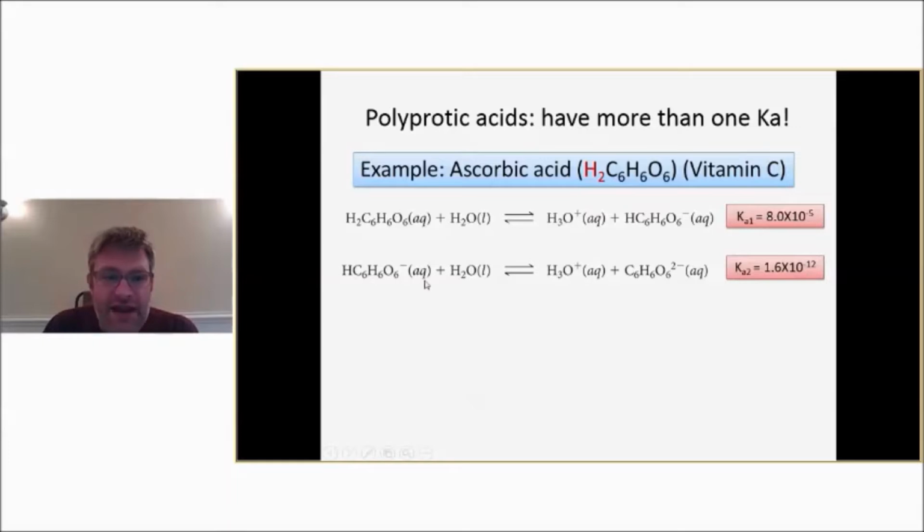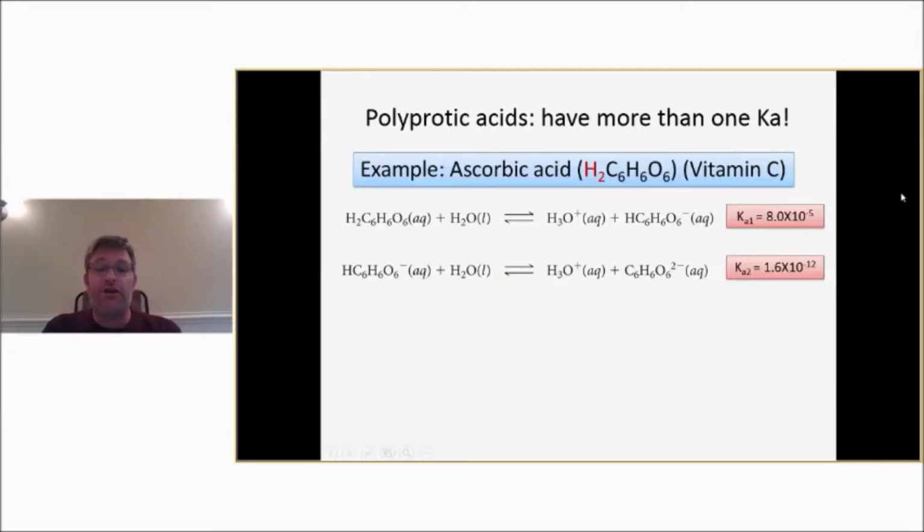And you'll notice that C6H6O6 appears in both equations. It can act as both a base going this way and as an acid, meaning that this is an amphoteric species.